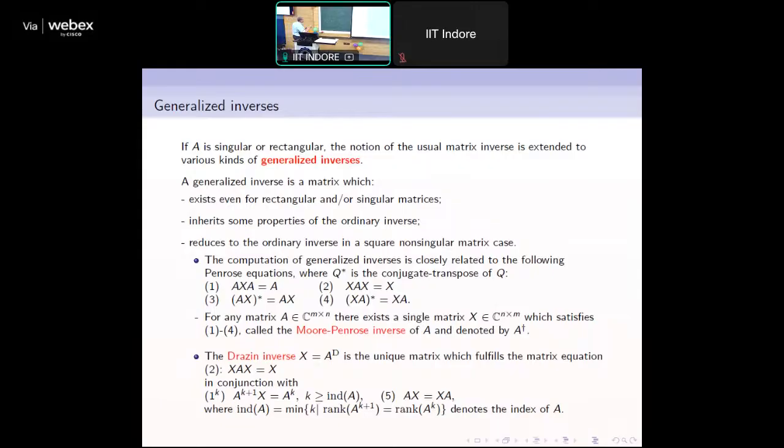We can speak about this. Then there was a composite generalized inverse based on the group inverse.